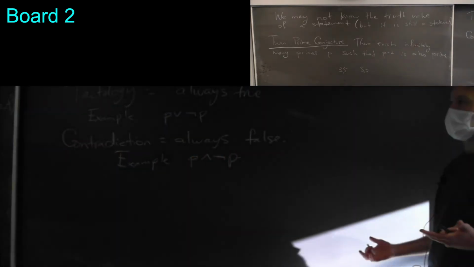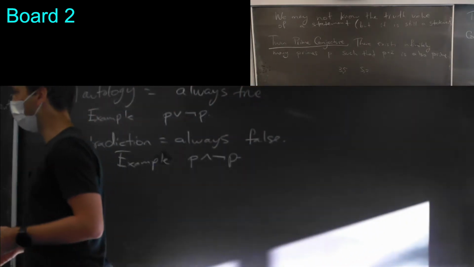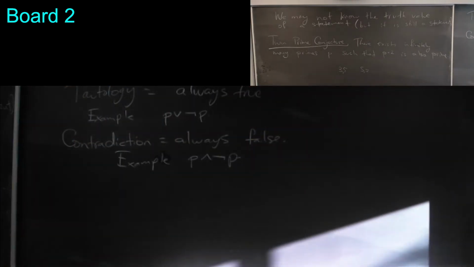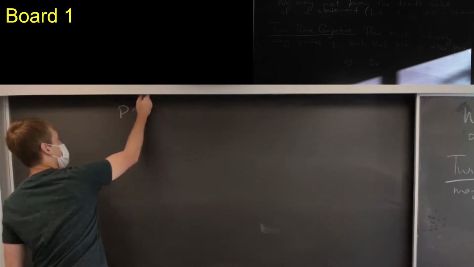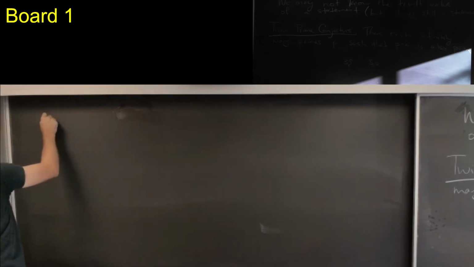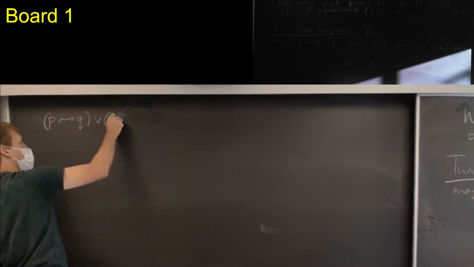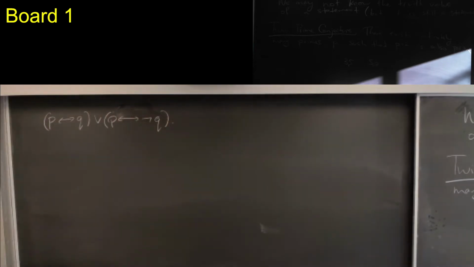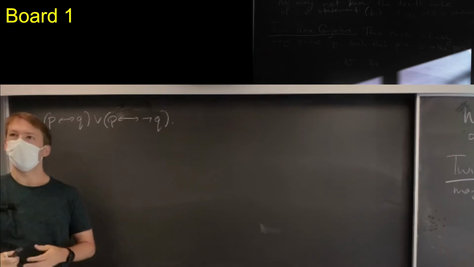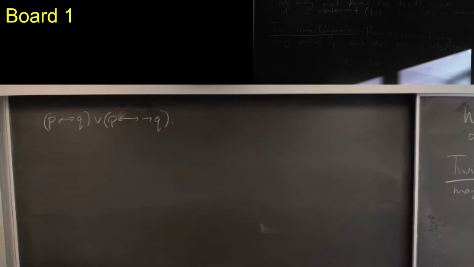Let me give you another, more complicated example, and let's determine whether it's a tautology or not. Let's do P if and only if Q, or P if and only if not Q. Maybe the question is to determine: is this a tautology, is it a contradiction, or is it neither?